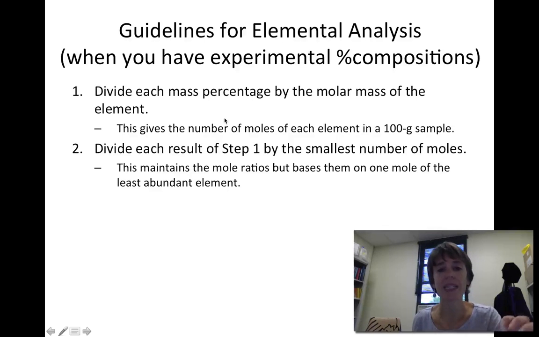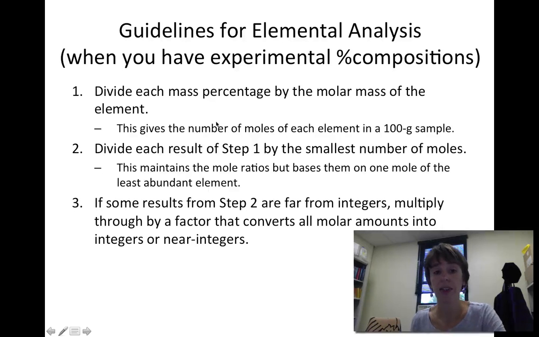We then take each of those molar amounts and divide by the smallest number of moles. This keeps the ratio the same, but just brings the molar amounts up to numbers that are closer to integers, because eventually we want a formula with integers in it, not with 1.36 as a subscript in the formula.